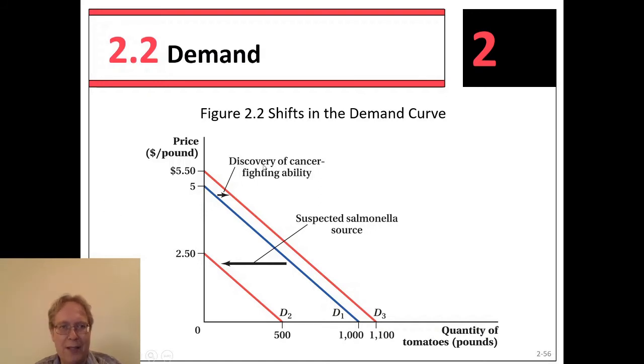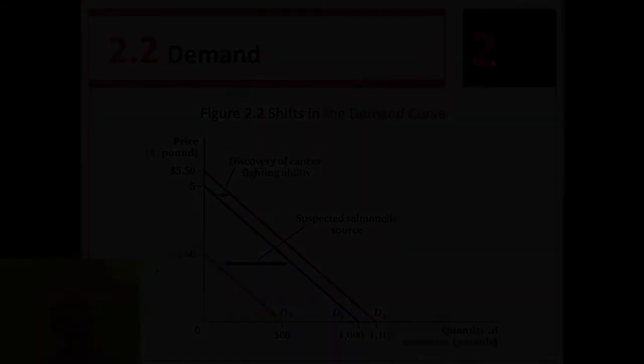For this reason, if tomatoes turn out to be even healthier than we thought, then at every given price, people are going to demand more tomatoes than before. So this entire curve is going to shift outwards. But if there's a health scare for whatever reason, then the opposite is true. At every price, people want to buy fewer tomatoes. So in that case, the demand function is going to shift inwards.